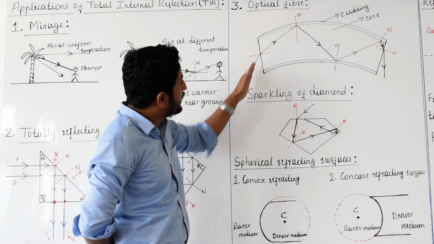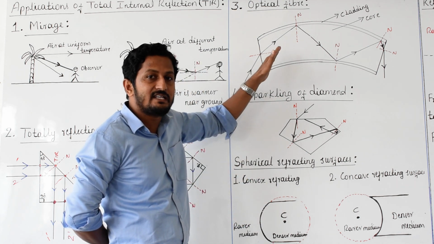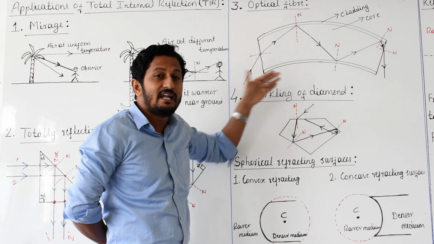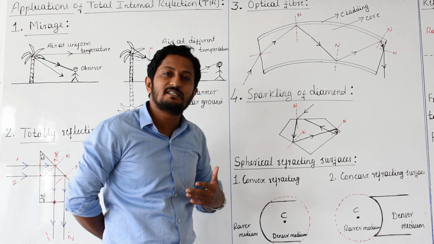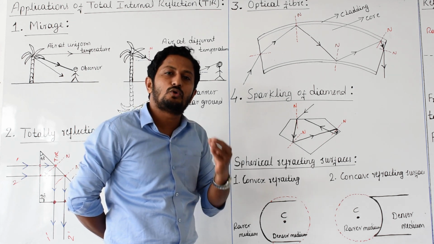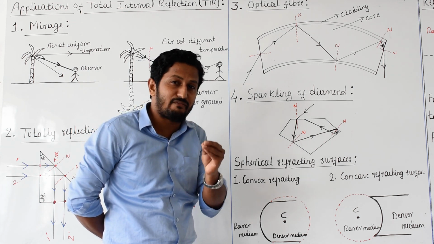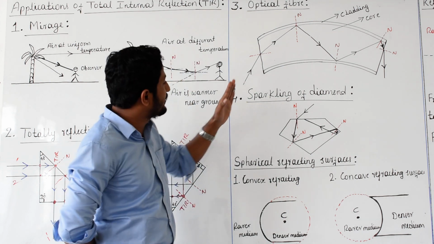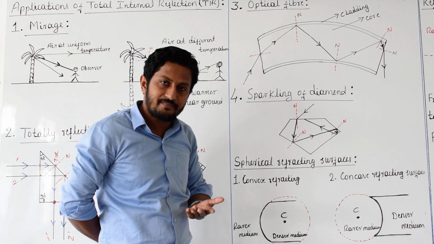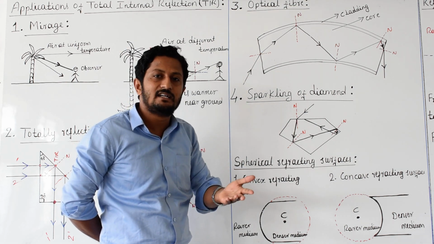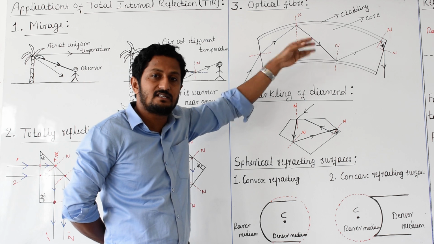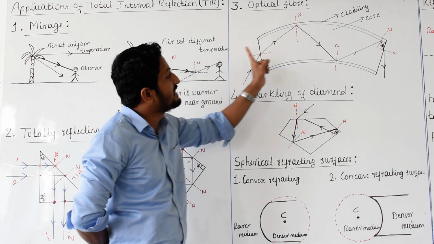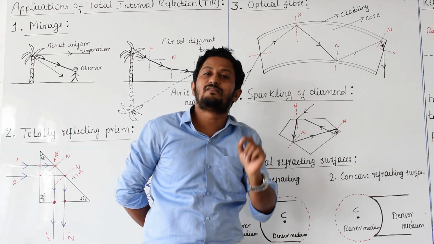We are going to pass that light in such a way that it is going to experience multiple total internal reflections inside the optical fiber. Getting what I mean?